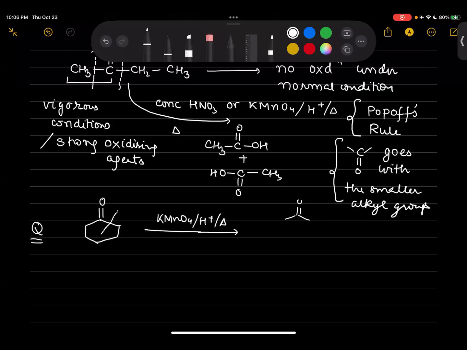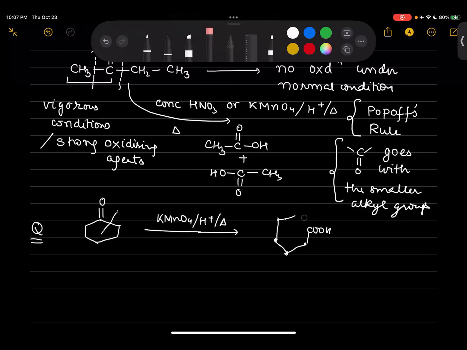So that upper carbon is going to become carboxylic acid. There are 6 carbon atoms. Keep track of the number of carbon atoms always while doing your questions. Okay. Got it?